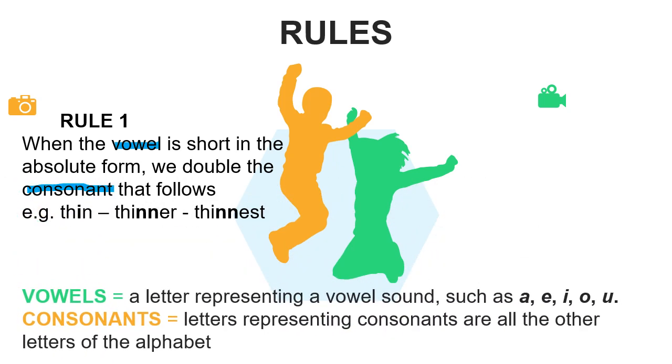Vowels are all the letters such as A, E, I, O, and U. And consonants are all the other letters representing the alphabet. So when the vowel is short in the absolute form, so when it's short in the first form, we double the consonant that follows.